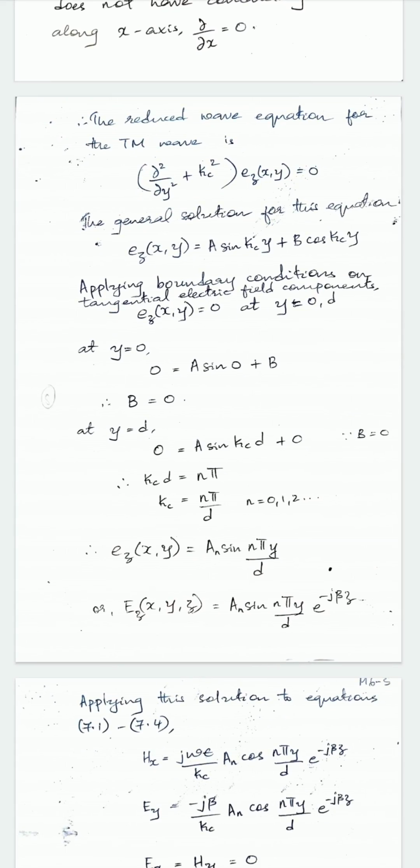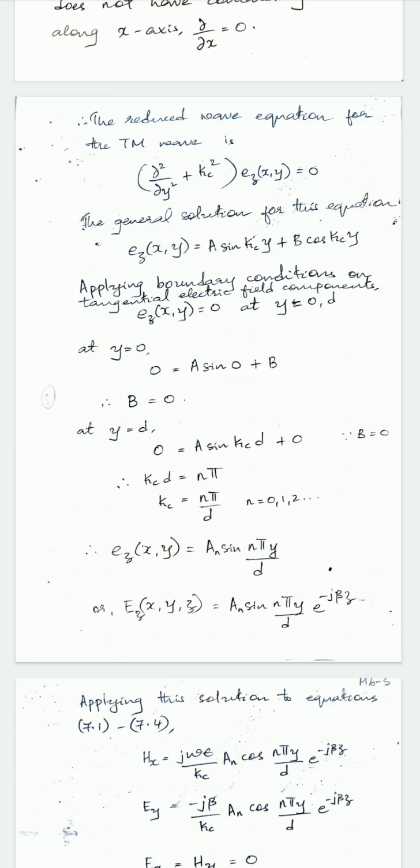We already said B is 0, so you will get 0 = A sin kc d in this equation. A should not be equal to 0. Then to satisfy this equation, kc d should be equal to n pi. Only at multiples of n pi is the sine 0.